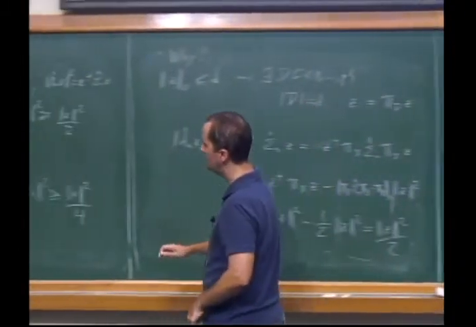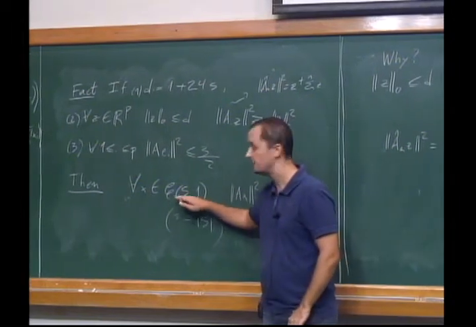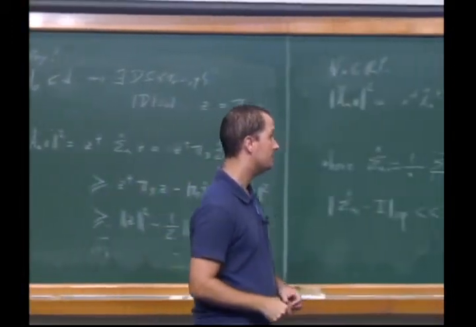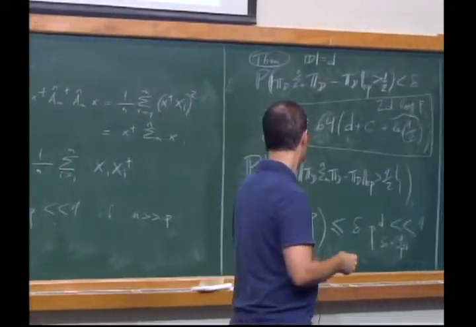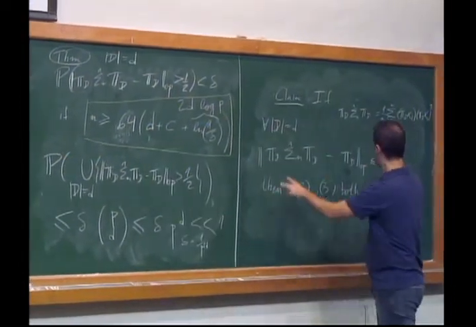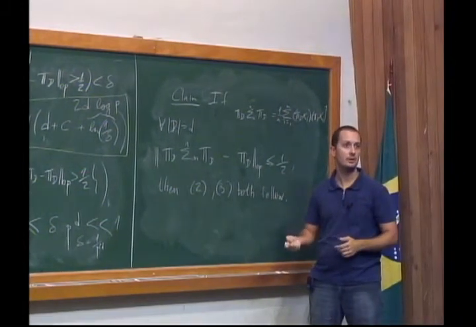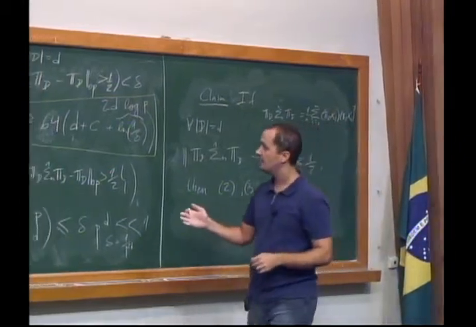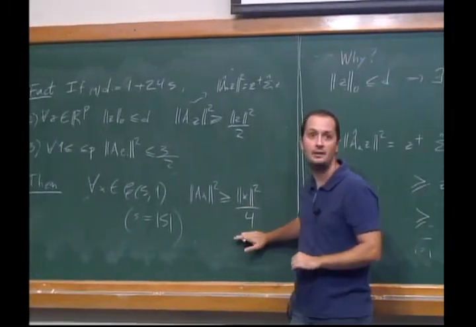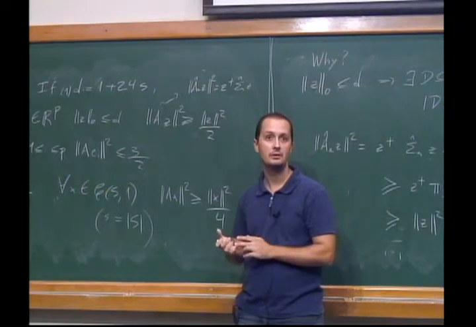We have 2 and 3, which imply that matrix A acts well on the vectors in the set, which implies that the L1, the basis pursuit problem, has a unique solution, which is a vector we're trying to find. So again, by taking n this large, you ensure that this property holds with high probability simultaneously over all subsets of D coordinates. That implies that you have these two properties, which imply that the problem is solved. So L1 minimization finds you the original vector.